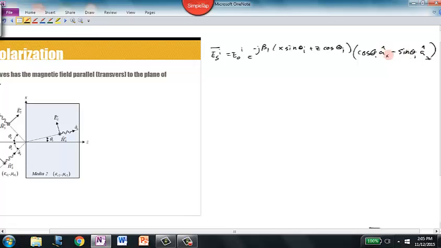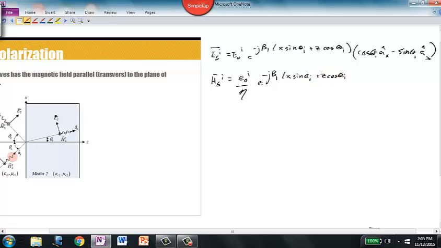So that accounts for the fact that it's no longer parallel. So that's the incident wave for the electric field component. The incident wave for the magnetic field component is equal to E0I over eta. So looking very familiar, e to the minus j beta 1 x sine theta I plus z cosine theta I.